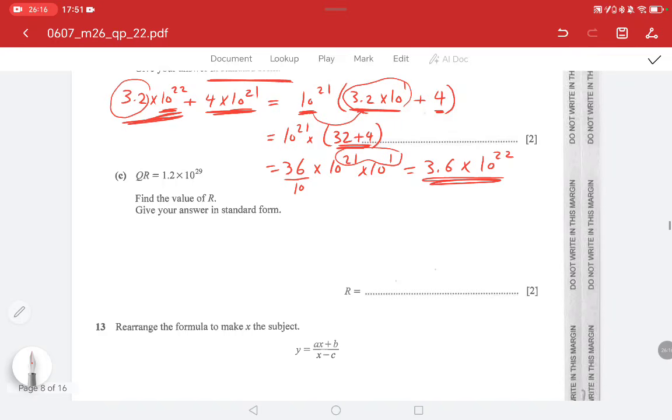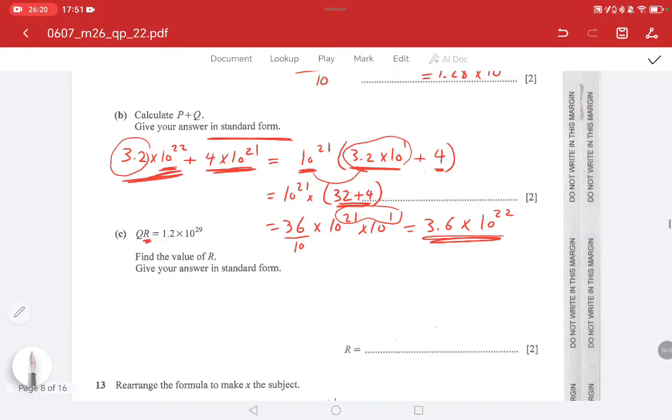Now, next one, QR. We need to find R. Already we know Q. Q is 4 times 10 to the power of 21, times this R equals 1.2 times 10 to the power of 29. If I want to find R, I have to divide both sides by 4 times 10 to the power of 21 to get rid of this one.